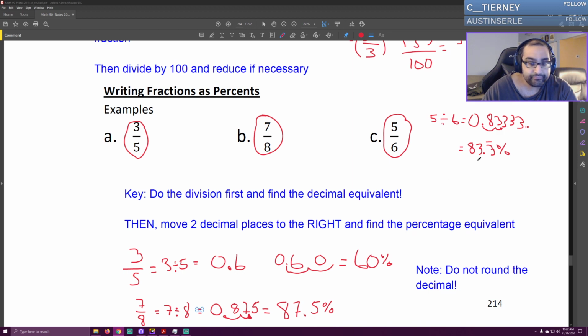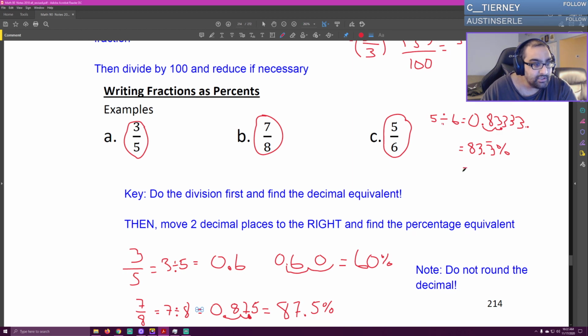All right. So you can either write it like this, or just be careful on some of the homework problems. They may ask you to round to, say, 2 decimal places. So they may ask you to write 83.33%. All right, so just be careful here. One of these 2 could be correct.